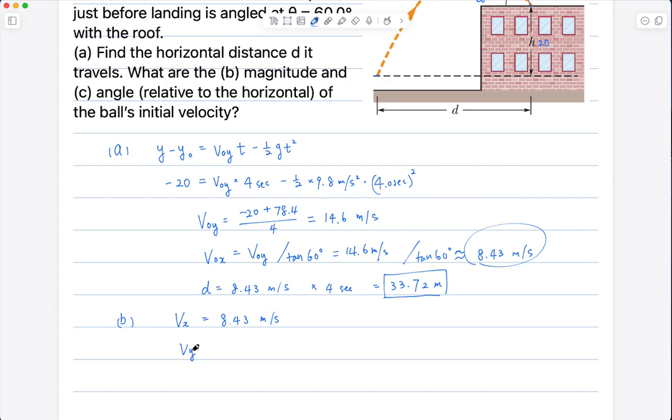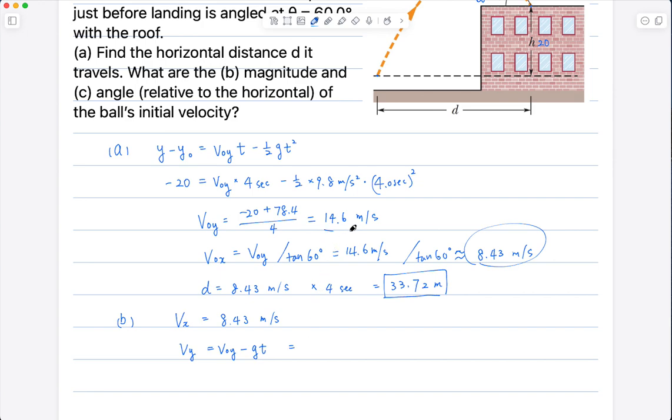The y component of velocity is changing, because throughout the entire travel, gravity continues to work, so a constant acceleration acts on it. So I write the initial velocity y component minus g t.